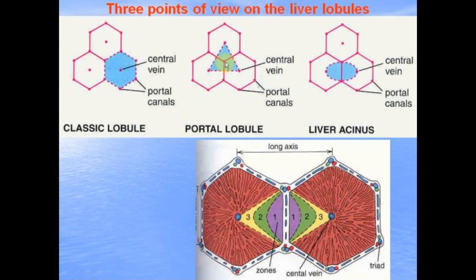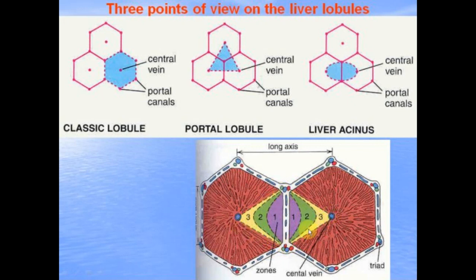Liver acini, oval in shape, include two central veins and branches of one hepatic artery, which supply this triangle region of two neighboring classic lobules.